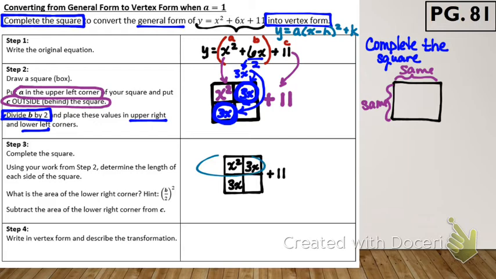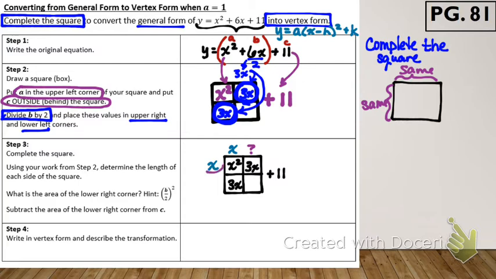When I look at these two boxes, I notice that they have something in common that would tell me how big the side is. What do x squared and 3x have in common? They have an x in common. What about these two, x squared and 3x going this way? They have an x in common. And now I want to know what would go right here.